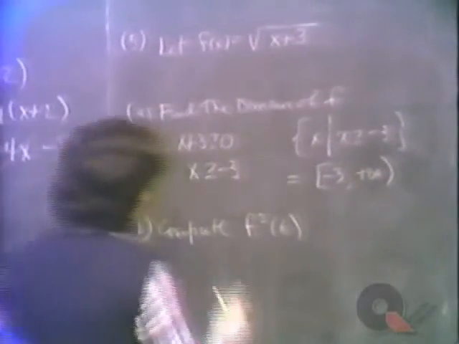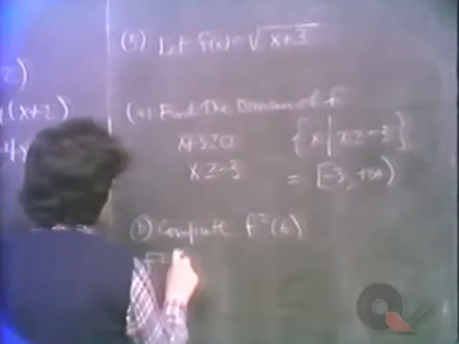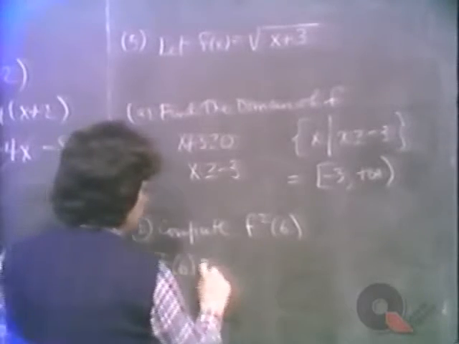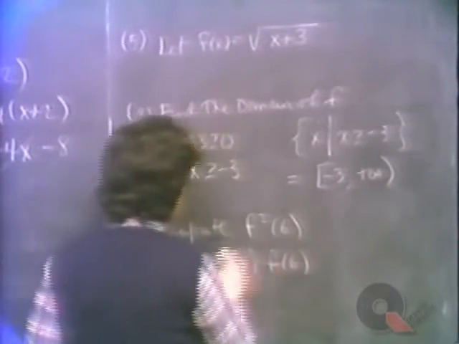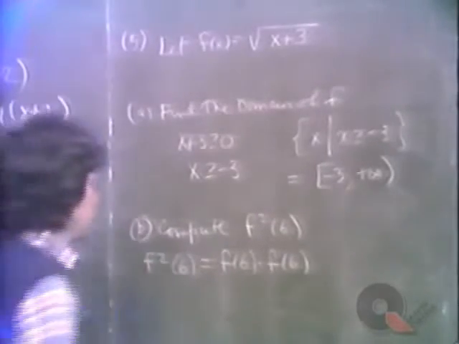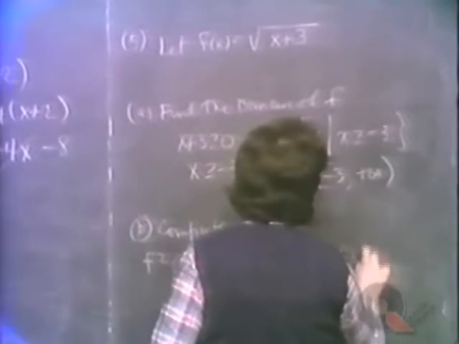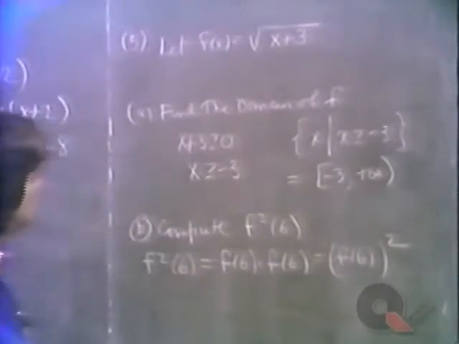Okay, f squared of 6. This means f squared of 6 means f of 6 times f of 6. It's f of 6 squared. So we find f of 6, and we will square it. Now, what is f of 6?